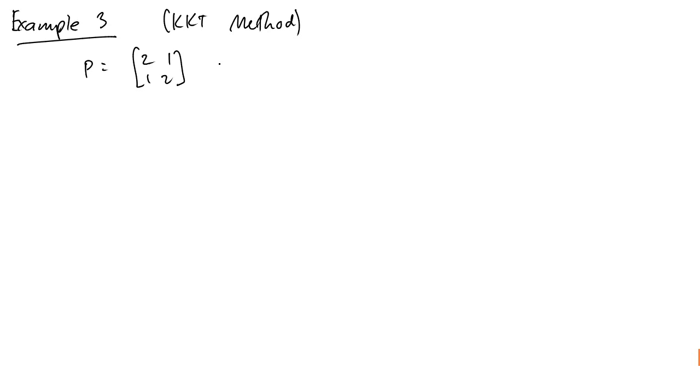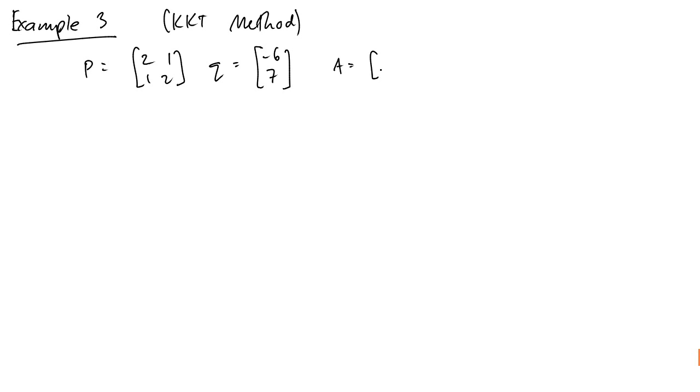Example 3, KKT. Okay, so I'm going to look at p equals 2, 1, 1, 2, q equals negative 6, 7.